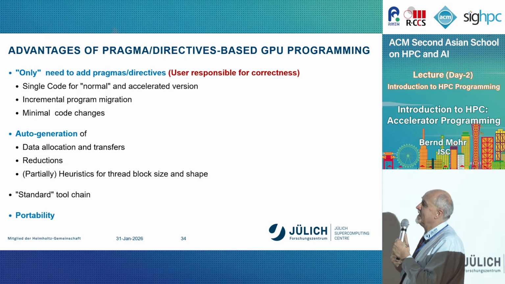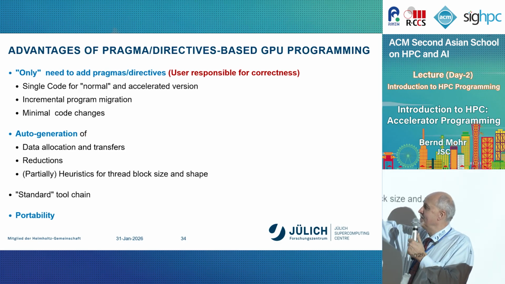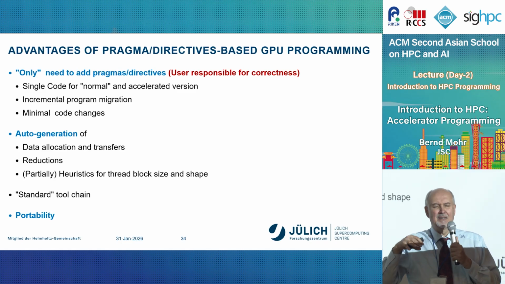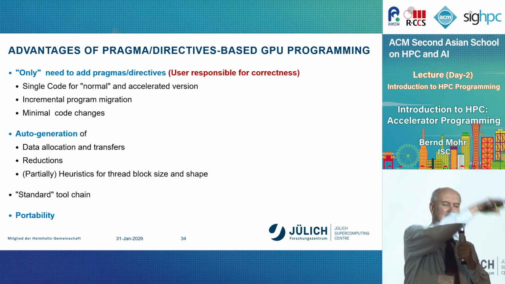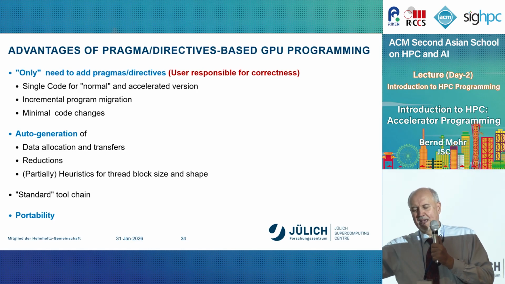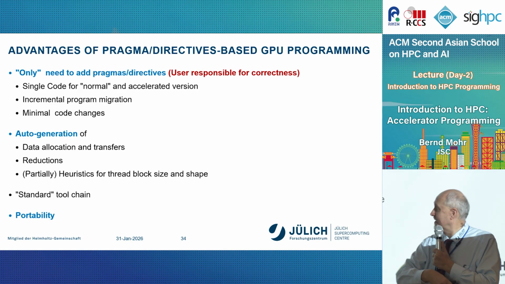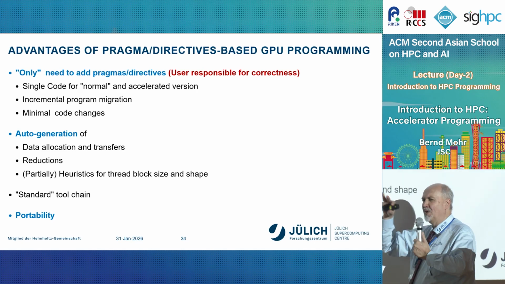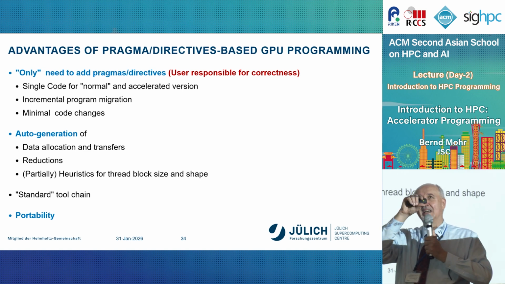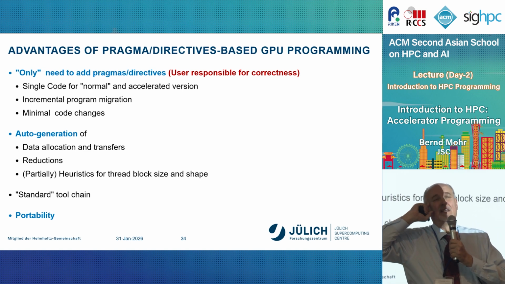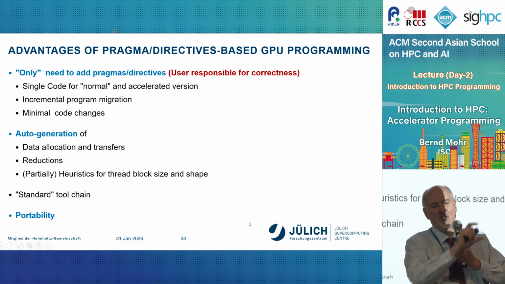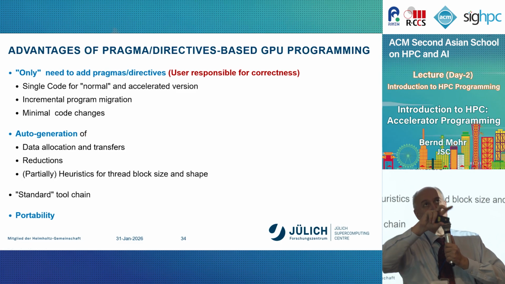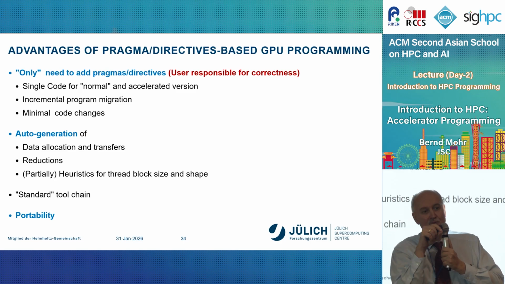And what it basically does is make sure all the necessary data allocations and moving of the data from the CPU onto the GPU, and the data out after you're done, are handled. Reductions too. Also, as I showed you yesterday, the GPU has multiple thread blocks, and each thread block has a number of thread units.